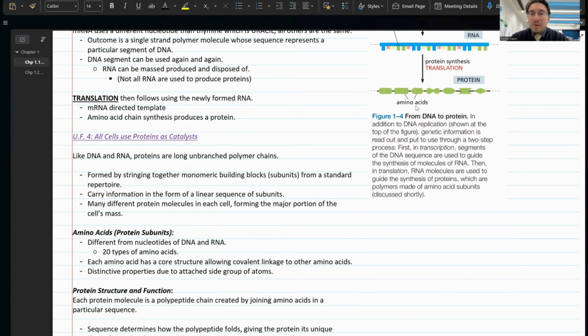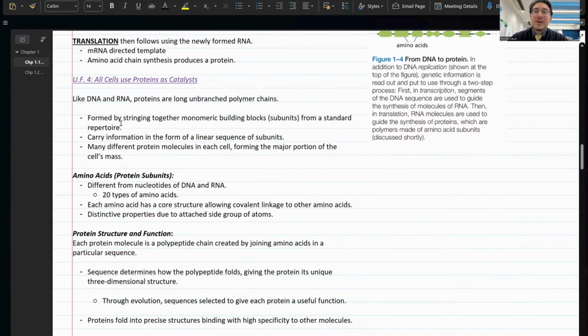So you're even going from a different language of nucleic acid to amino acid molecules. Translation is referred to as being mRNA directed. You're using mRNA as a template, and you're producing an amino acid chain ultimately to produce a protein. In a nutshell, that is how a gene gets expressed.